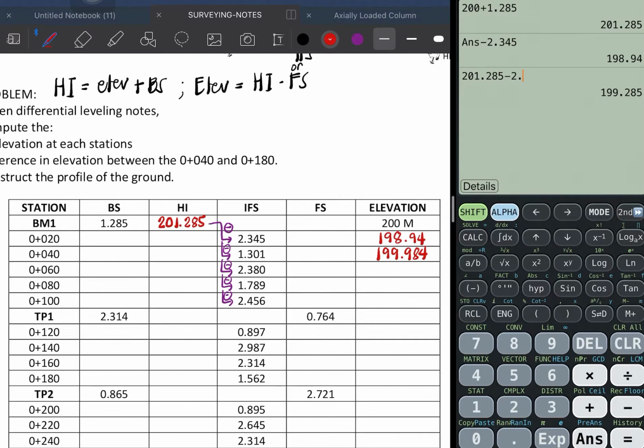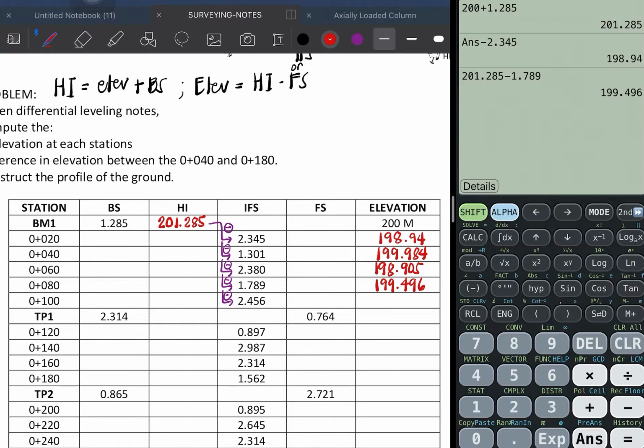And then 2.380, so 198.905. Next, station 80 is 1.789, that is 199.496.